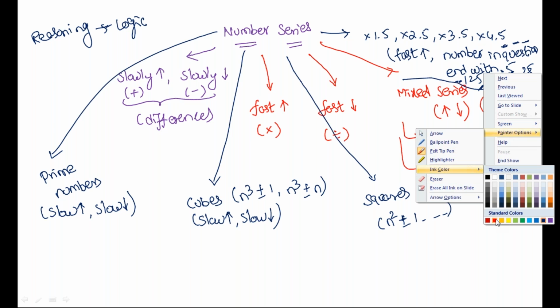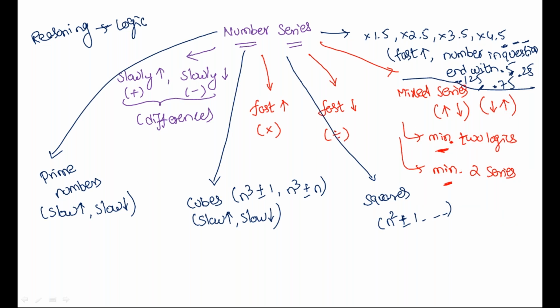So how can you decide it is ending with 0.5, ending with 0.25 like that? Friends, listen. 5 into 2 is 10, but 5 into 1.5 is what? 7.5, ending with 0.5.